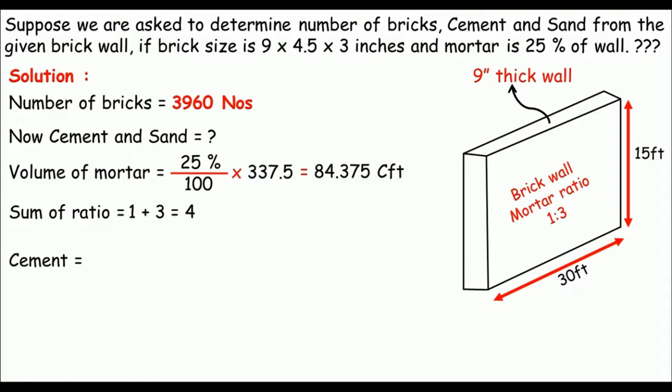When we have the summation of the ratio and the volume of mortar, then of course we can calculate the cement. It must be the ratio of cement, which is 1, times the volume of mortar, that's known, but the volume of mortar is in wet form. We have to convert this into dry volume, and to convert this we multiply with 1.27.